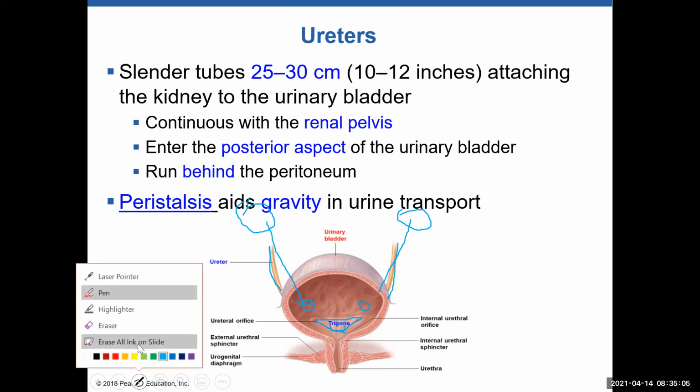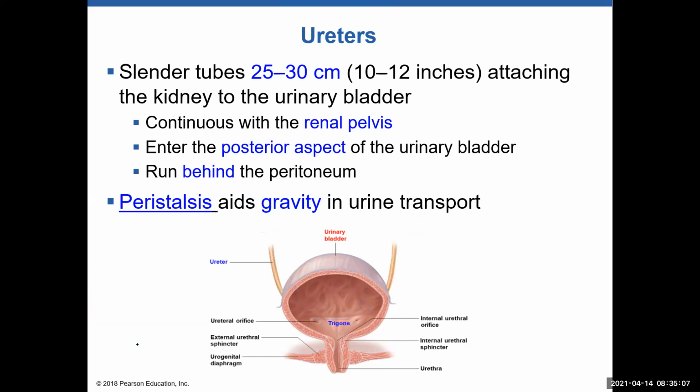This is one orifice, one hole, and this is another hole where the ureters enter, and then we have another hole over here, where the internal urethral sphincter is present. This is the trigone area, which is mostly infected because microorganisms can simply enter through this part and affect the area of the bladder.